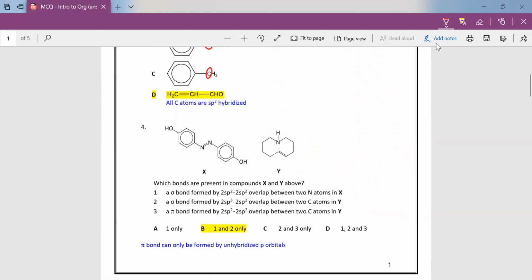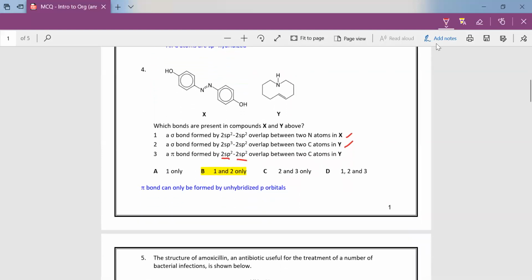Question 4: which bonds are present in X and Y molecule above? You basically got to read all the options. Options 1 and 2 are okay. Option 3 is wrong because of the terms that they use. The pi bond can only be formed by joining 2 unhybridized p orbitals, so that's why option 3 is wrong.